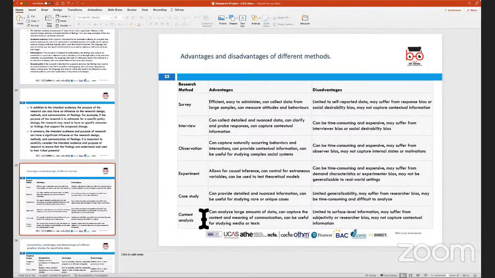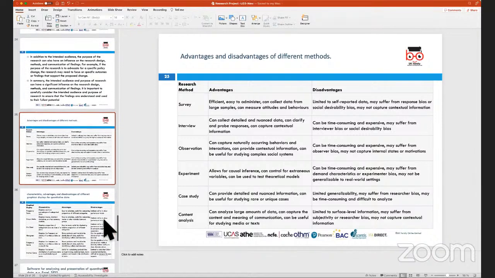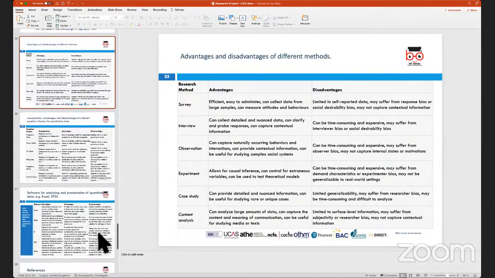Case study and then content analysis. Now, there are some advantages and disadvantages. This is what you need to theoretically understand. So my suggestion would be to go through this particular table which I've created, which clearly lists out some of the advantages of the methods, which is primary methods and secondary data collection methods or techniques.